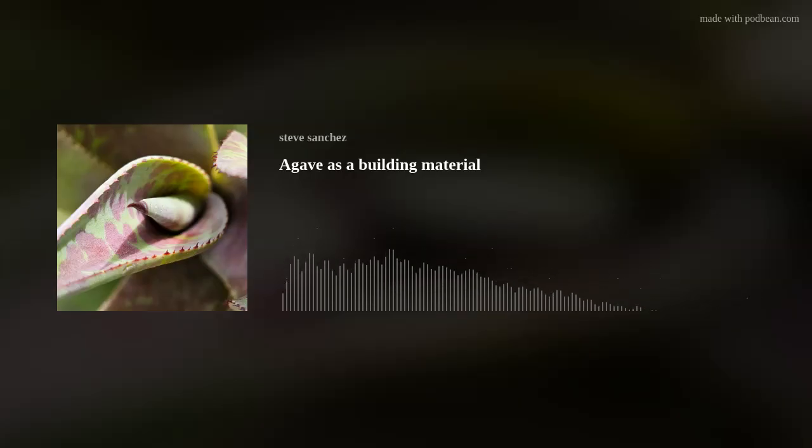We have agave stalks serving as studs, and we have maybe lots of strong agave fiber pressed together to form structural beams. Well, the actual wall itself could be agave as well, and a mix of earthen materials, right?